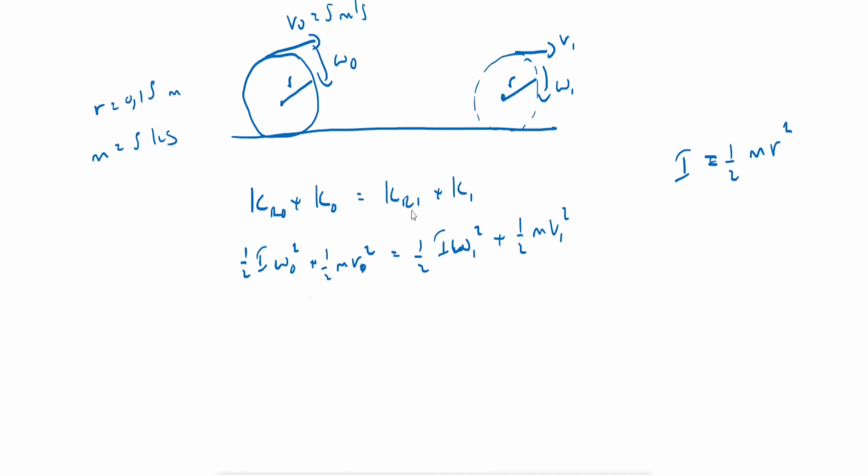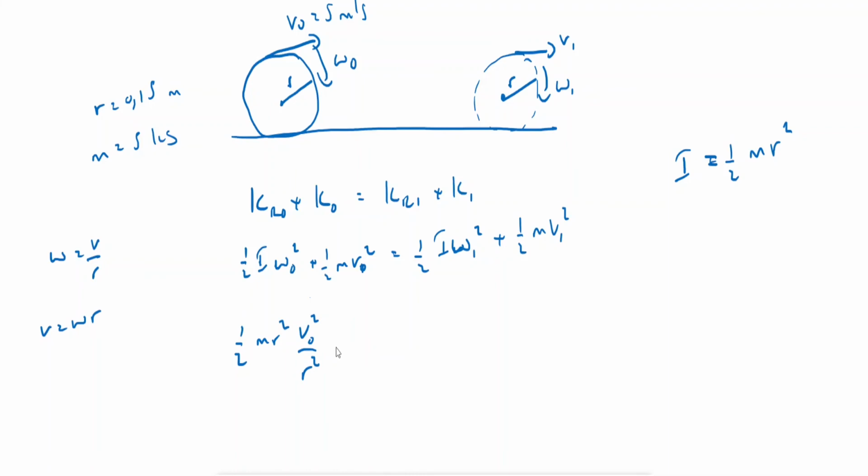I can substitute it here, and it becomes half mr squared. Where I see omega, I put v0 squared over r squared. I'm getting this from the fact that omega is v over r, because v is omega r.